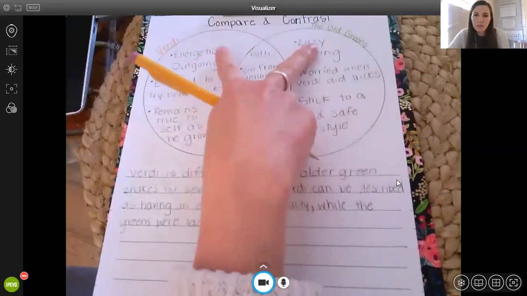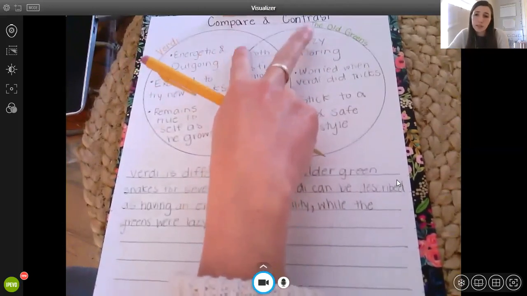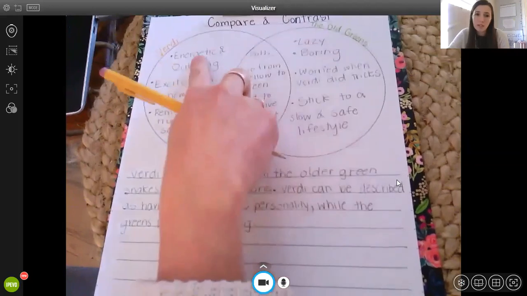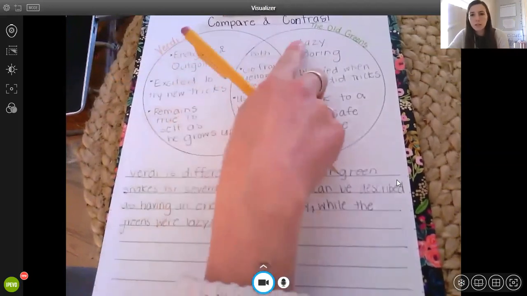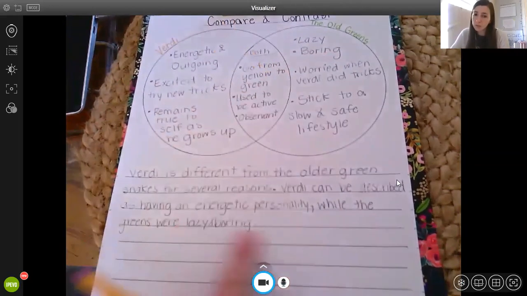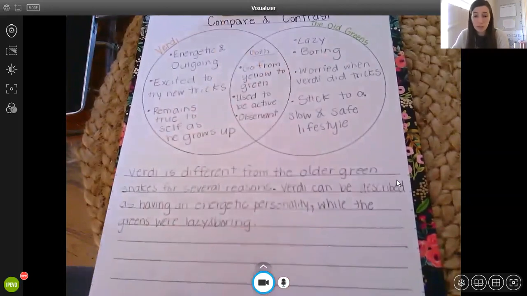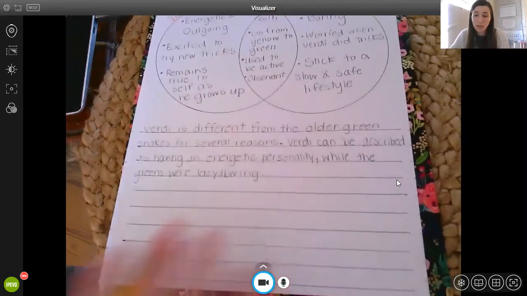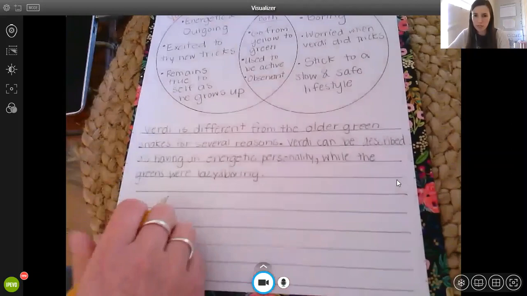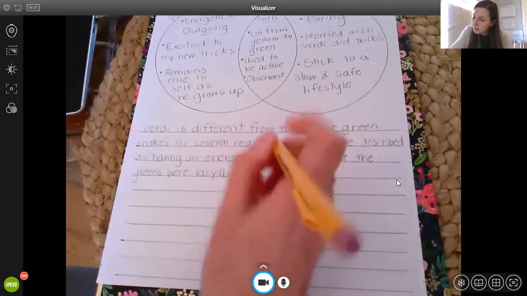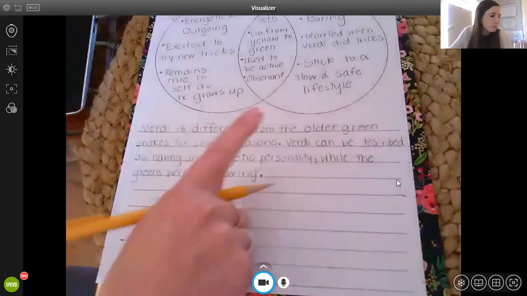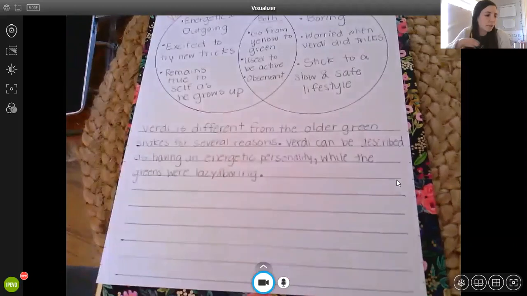And you can see that they're right across from each other too, since we listed their traits at the same time. Verdi was energetic and outgoing. The greens were lazy and boring. Okay, so put that into full sentences beneath. Remember, a paragraph needs to have a full thought from start to finish in each sentence. Okay? So that's one thing that makes them different.